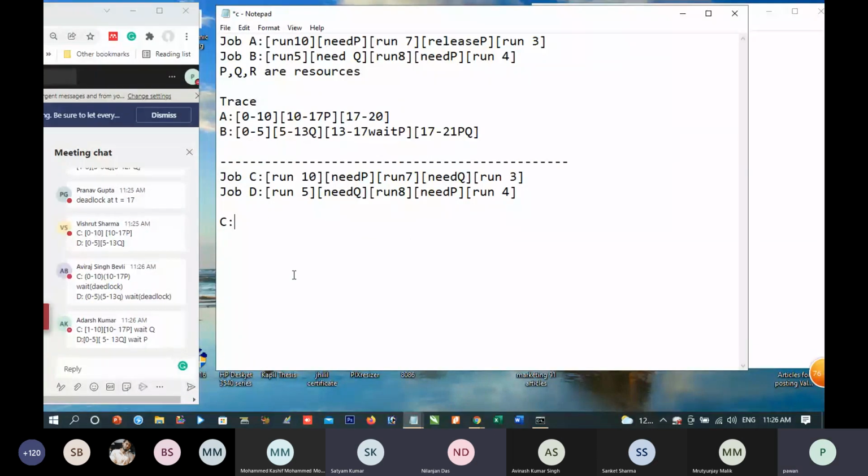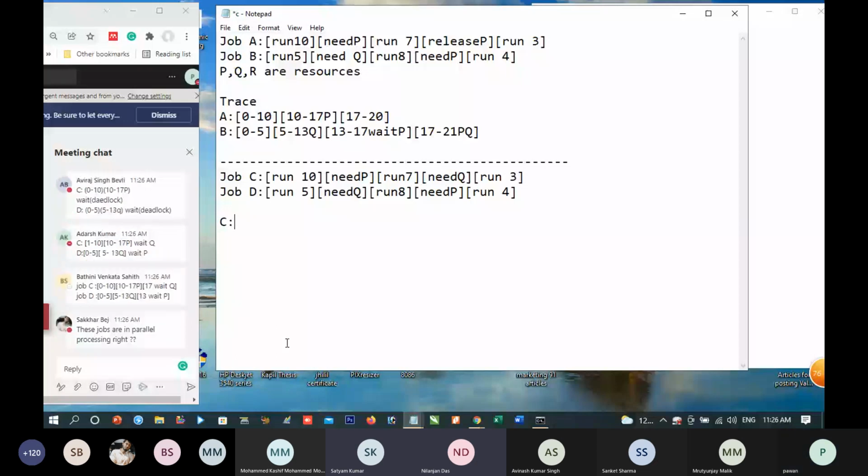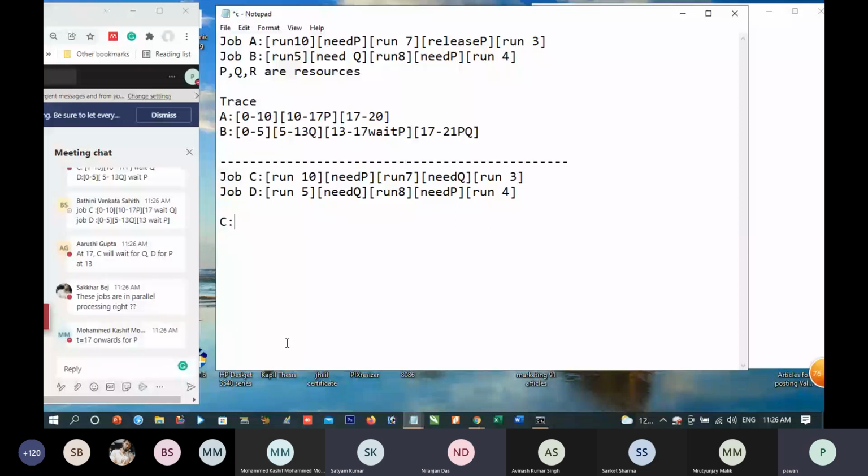From 17 onwards, C will wait for Q and D will wait from 13 onwards for P. No, Aviraj wrote correctly. Wait, deadlock should be written in C but not in D. That is correct. Gupta, you are correct. Yes, they are in parallel processing. Batch, they are in parallel processing.